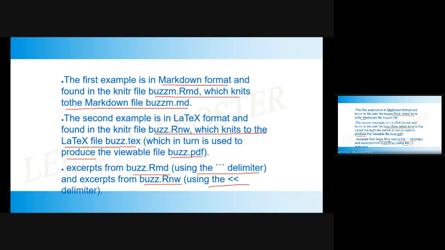It knits to the LaTeX file bus.tex, and it produces a viewable format using pdfLaTeX, and the output will be bus.pdf. Rmd and Rnw use different delimiters as shown here. These are the delimiters.